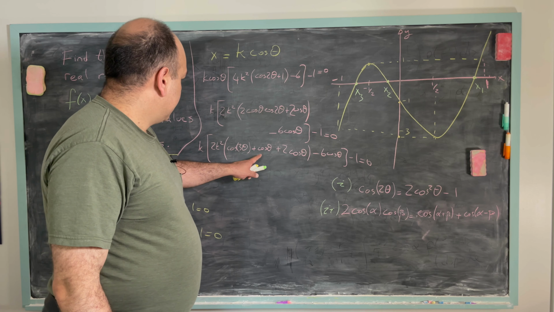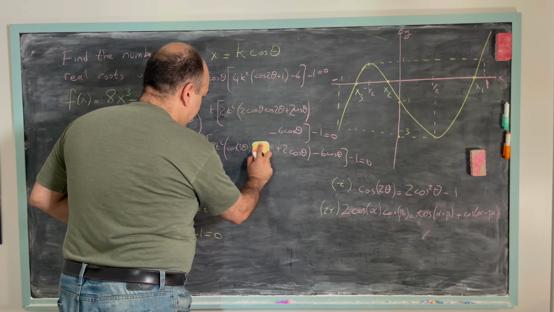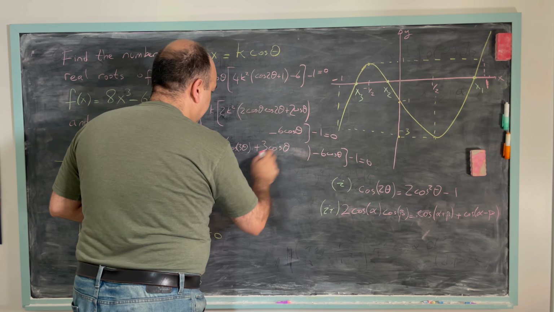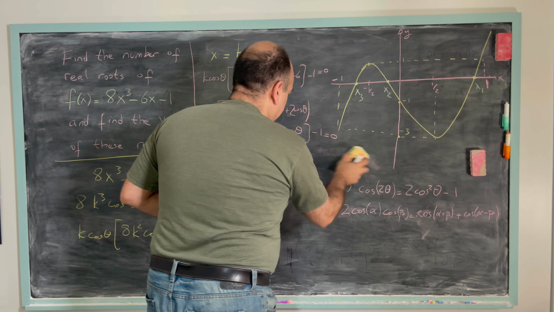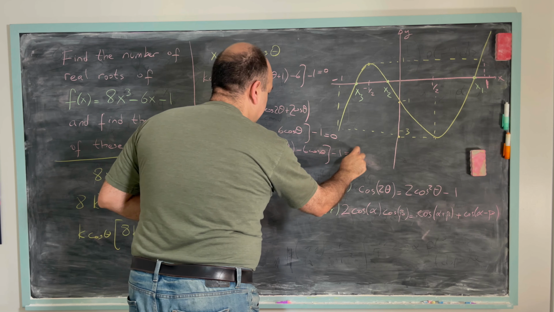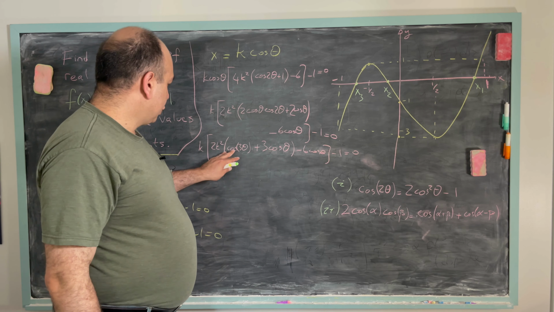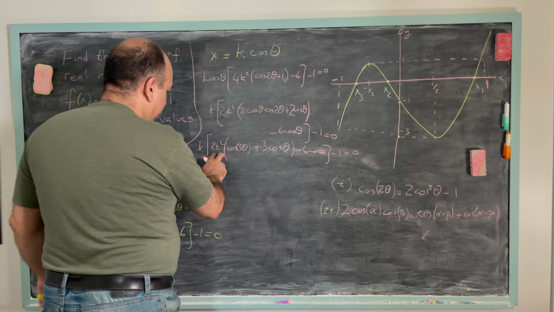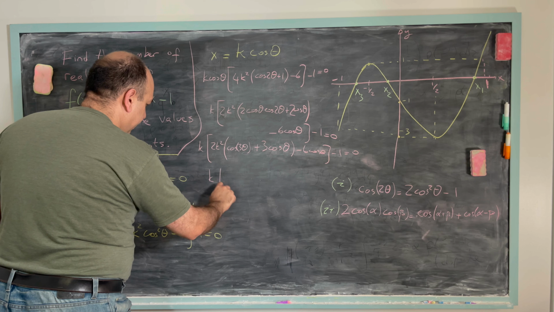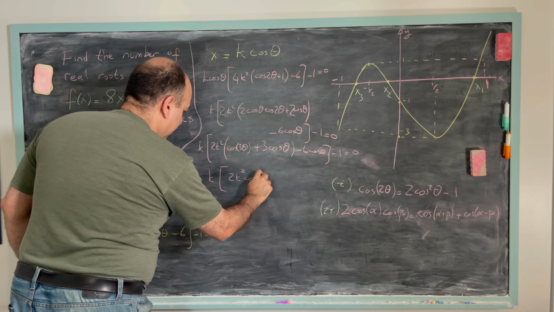Okay, this is good now. So this is nothing but 3 cosine theta, so this becomes plus 3 cosine theta. Then I'll have minus 6 cosine theta, parenthesis, minus 1 is equal to 0. So I can distribute this 2k squared here. So k, then I'll have 2k squared cosine 3 theta.